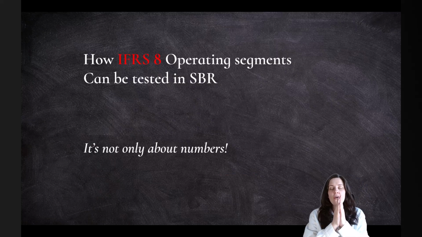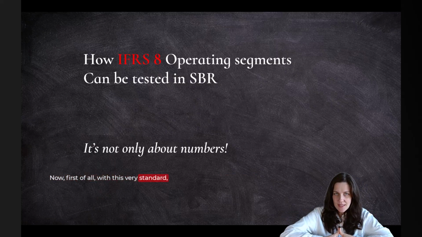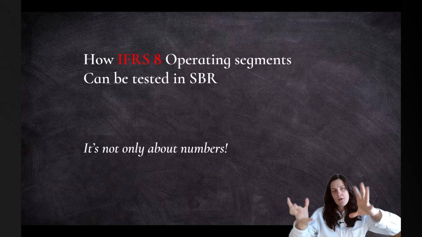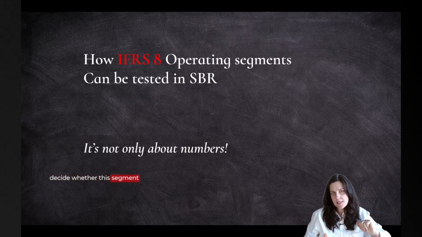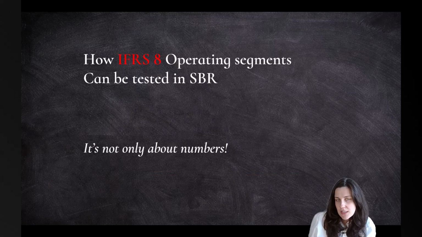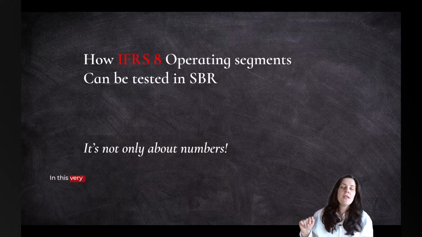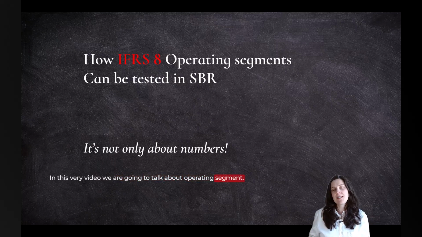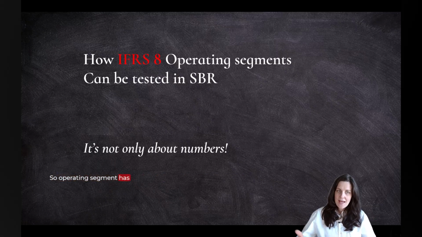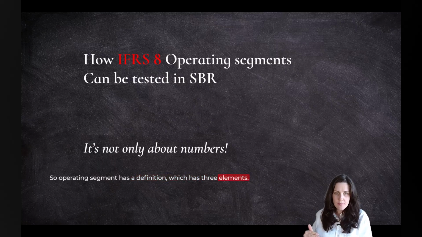Now, first of all, with this very standard, we need to acknowledge that there are two steps. First, we need to decide whether this segment is operating, and then we need to apply aggregation criteria. In this very video, we are going to talk about operating segments only. So, an operating segment has a definition which has three elements.